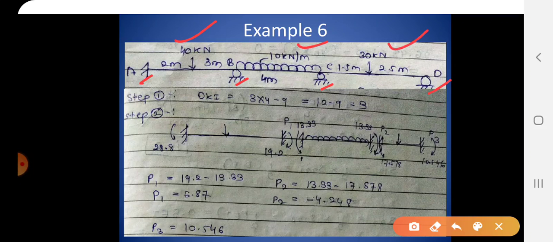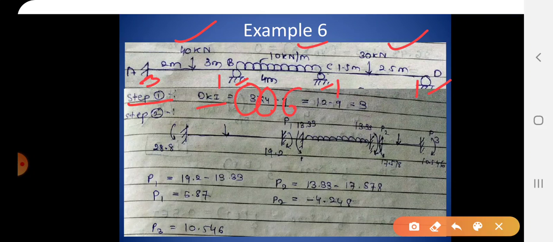Now step 1: DKI is degrees of freedom into number of joints minus support reactions. Degrees of freedom 3 for a beam, into number of joints A, B, C, D, 4, minus unknown support reactions 3, 1, 1 and 1, so total 6.